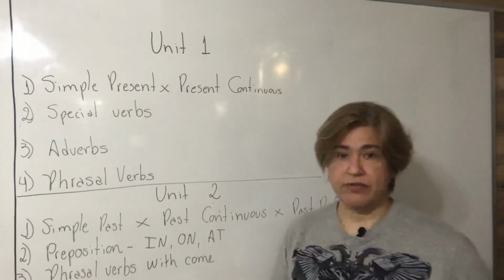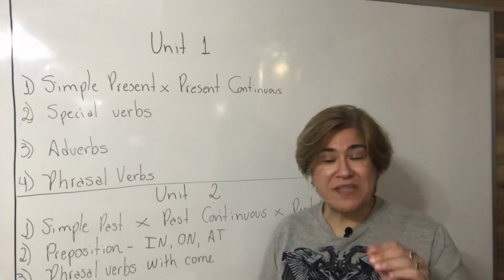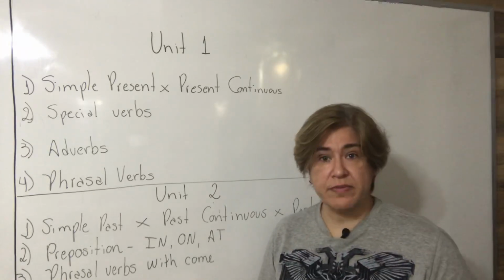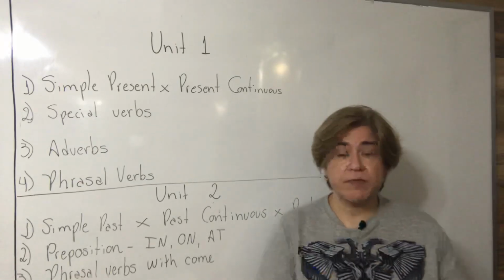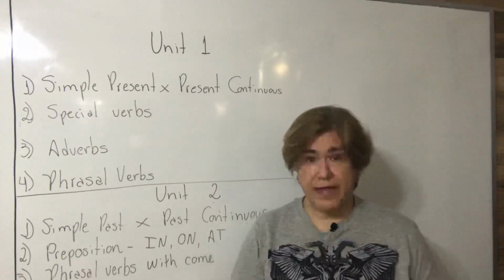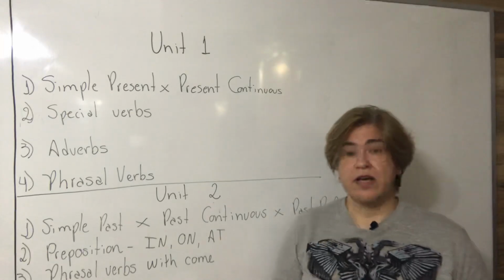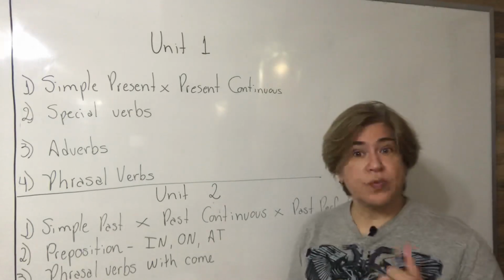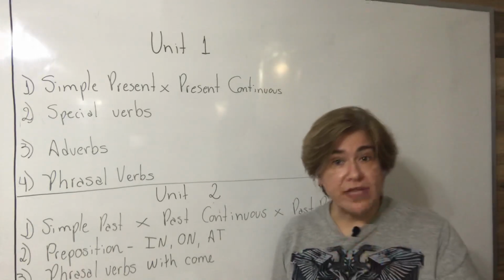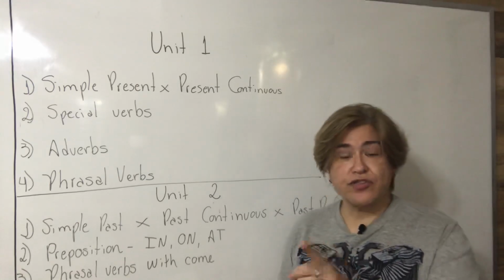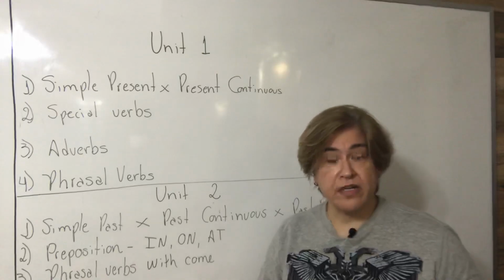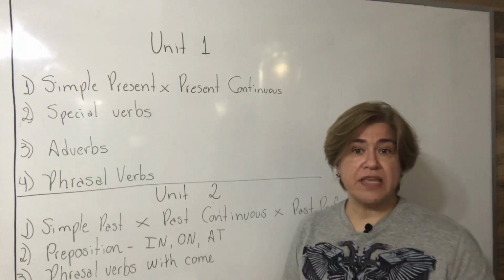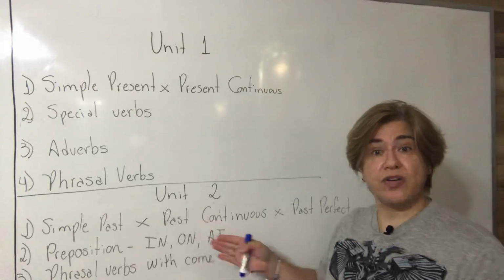Past continuous is used more specifically to describe something that was happening in a specific period of time in the past, okay? Last week, on Monday, a student at 8 p.m. here was asking me about past continuous.